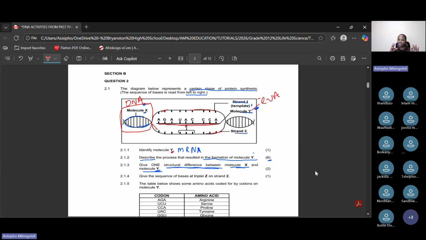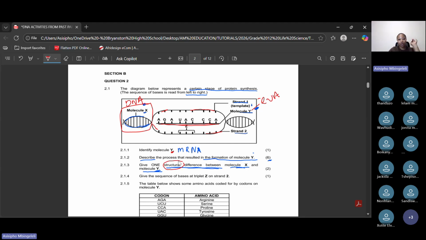This is when life science becomes tricky and they try and confuse you in order to penalize you. Me and you know that between DNA and RNA, DNA will have a deoxyribose sugar and RNA will have a ribose sugar. But will that be a structural difference? No, it won't be. Is it a difference between DNA and RNA? Yes. But here they were specific about what difference they wanted.